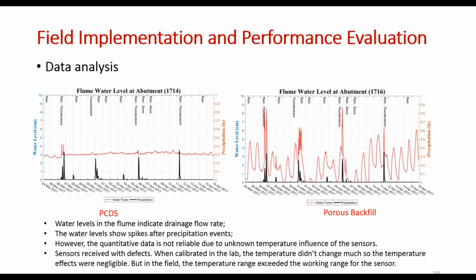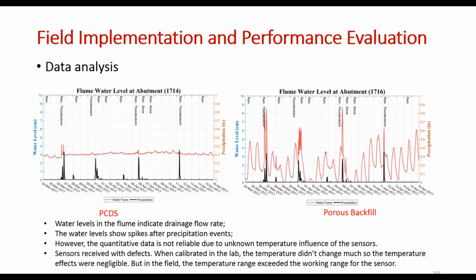So here are the results from the flume. The vertical axis is the water depth inside this flume, which gives us a sense of how fast and how much water is coming out. And the horizontal axis is the time, and we also plotted the precipitation data.